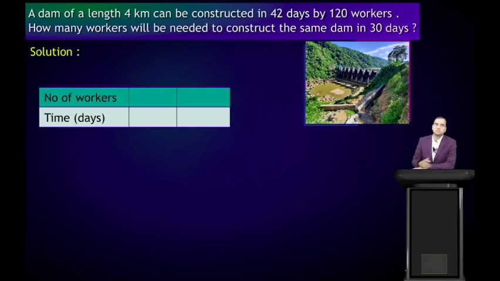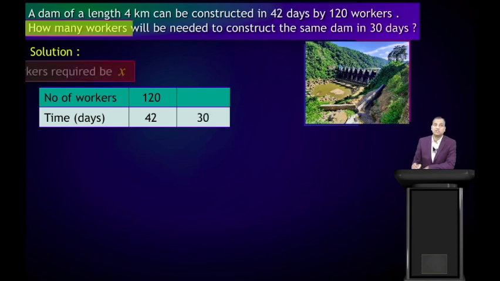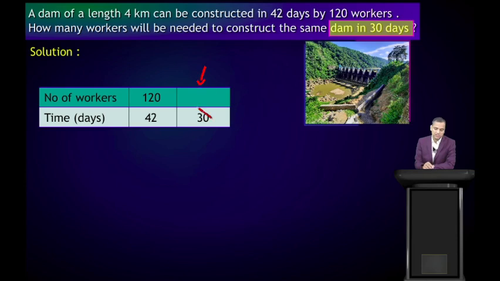The number of workers is 120, and the time taken is 42 days. Now it is given 30 days, but the number of workers is not given, so we will take it as x.